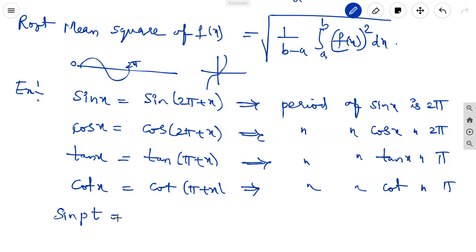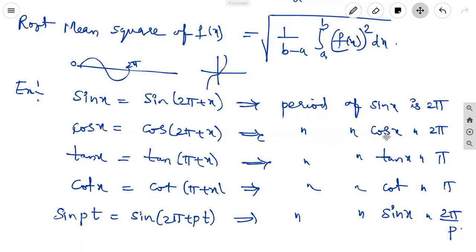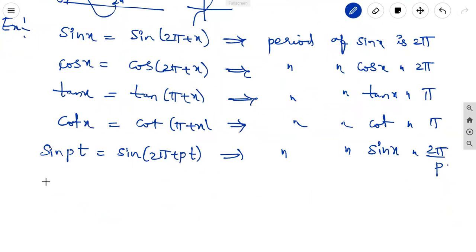Next, sine pt means sine of 2 pi plus pt. So for that, the period of sine is 2 pi divided by whatever the coefficient is there for the variable. In the same way, cos pt equal to cos of 2 pi plus pt.